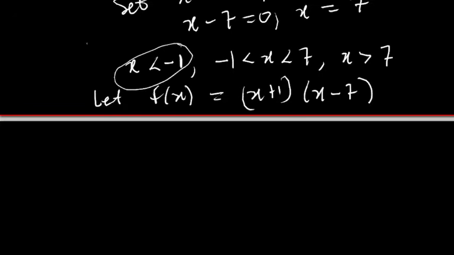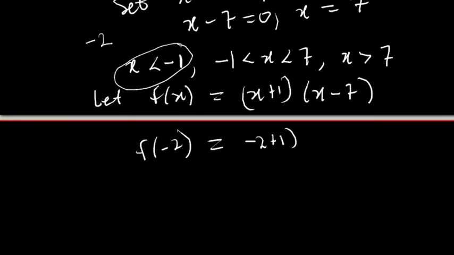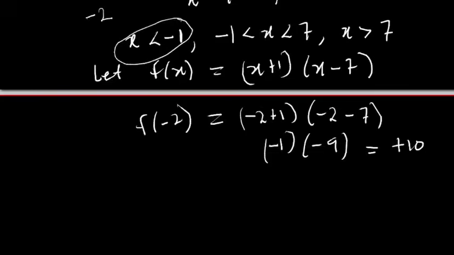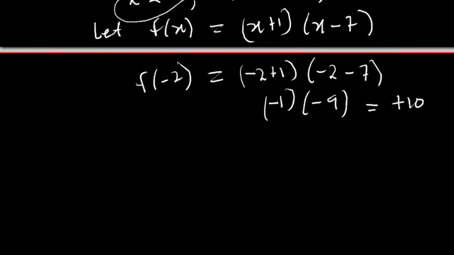Let's say minus 2. So what is f of minus 2? F of minus 2 is minus 2 plus 1 times minus 2 minus 7. So we have minus 1 and minus 9, and that's plus 9. Good. So we are not going to use a sign table. That means any value that is lesser than minus 1 will give us a positive answer.